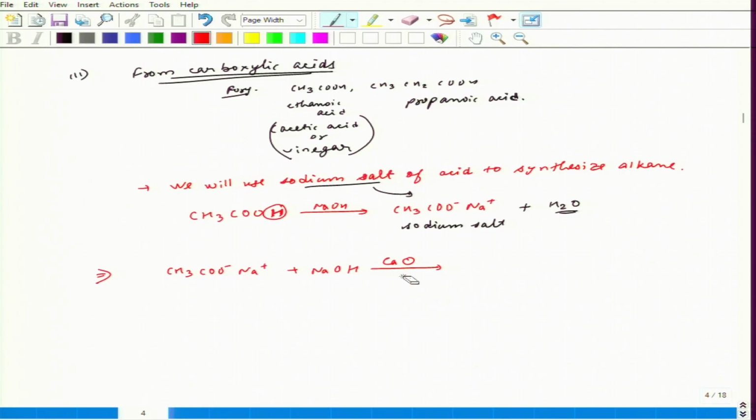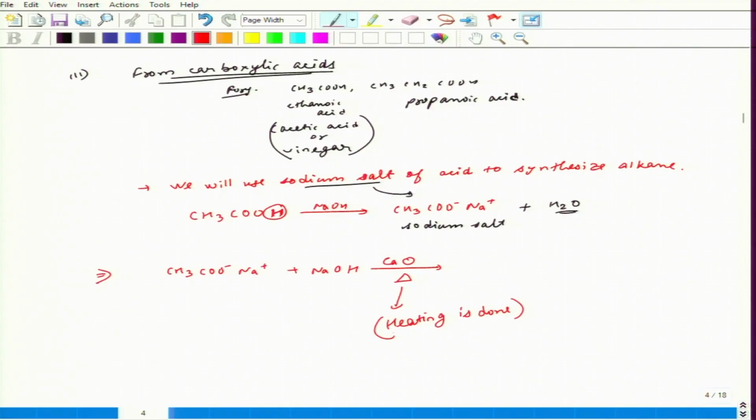You must encounter this triangle symbol also; it means heating is done in the reaction. The temperature is not specified, but the triangle means the mixture is heated, so the reaction conditions are not at room temperature.